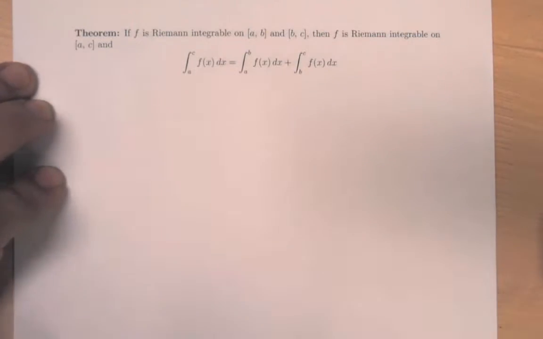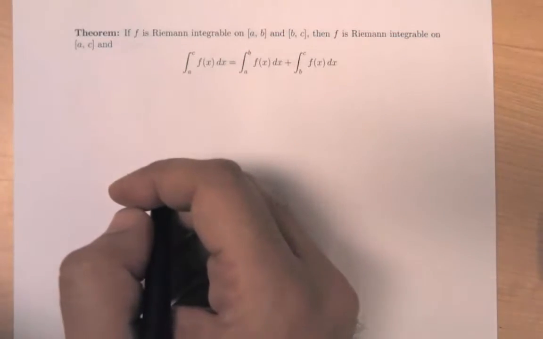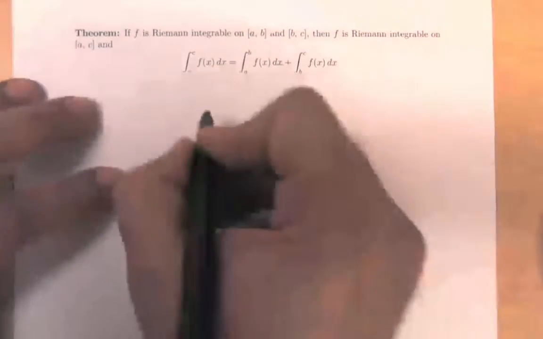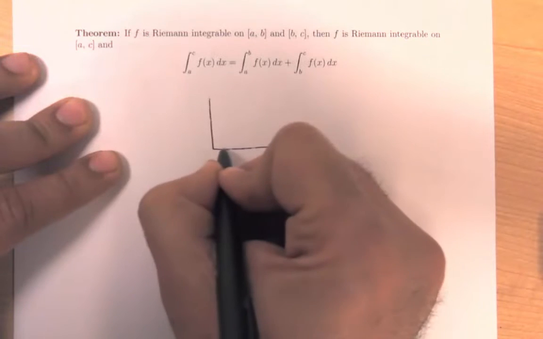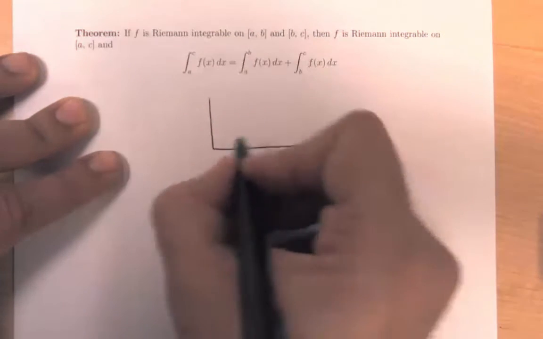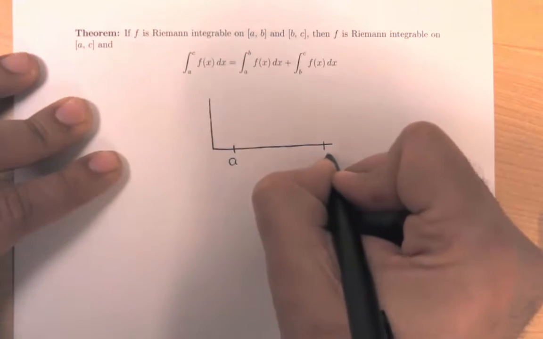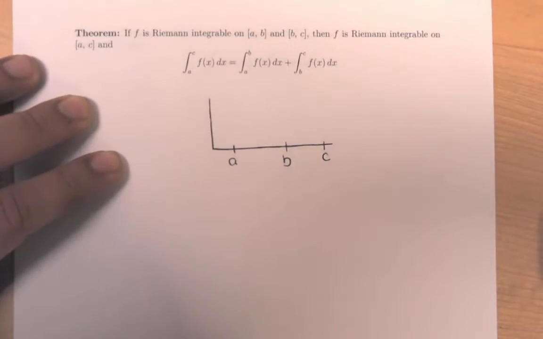Next, if f is Riemann integrable on a to b and b to c, then f is Riemann integrable on a to c. Just to give you an idea, because hopefully this makes intuitive sense, I have the interval a to b and b to c, right?